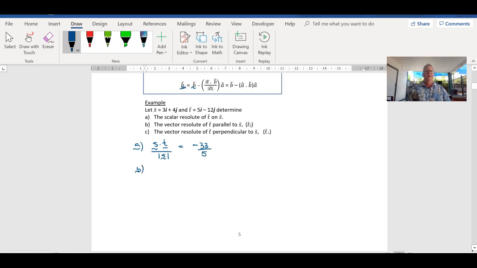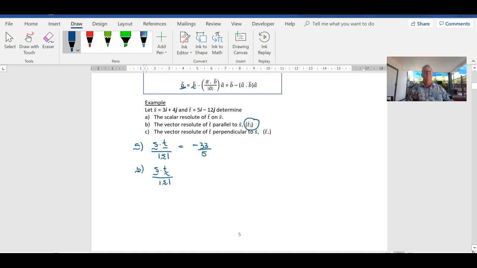Okay, the vector resolute of T parallel to S is given this symbol. The parallel symbol means it's parallel to S, so it's in the same direction. To do that, I need the magnitude, which is the same as the scalar resolute, which again is this thing.